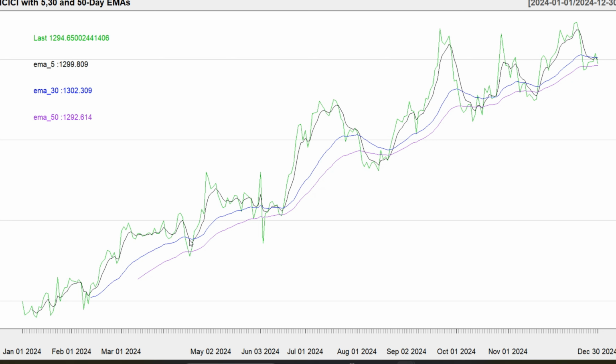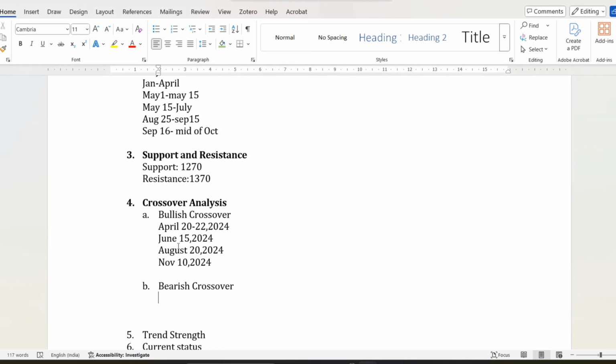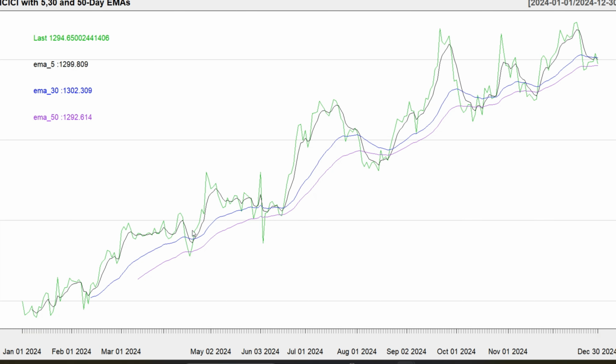So that is again a bearish crossover. You can see the huge changes in the closing price going downwards. The closing price intersects both the medium-term 30-day EMA as well as the 50-day EMA. So it moved downward. You can see the bearish signal. So again, April 15 or 16 we can mention, since just 2-3 days before that bullish crossover there was a bearish crossover.